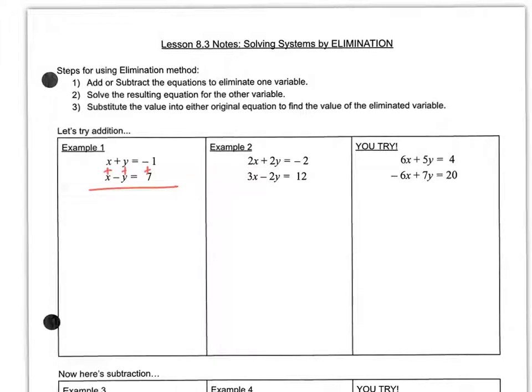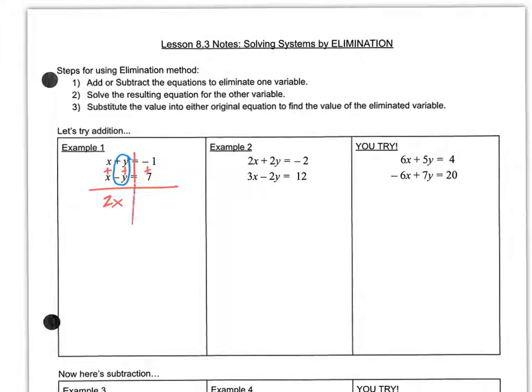We're going to add because when we take y plus -y, that equals what? y and -y is 0, and we eliminate it. X plus x is 2x.